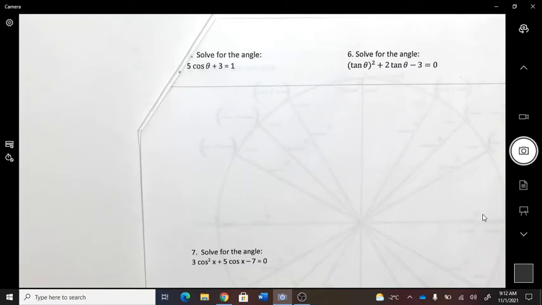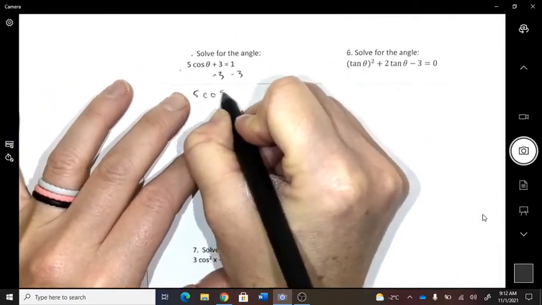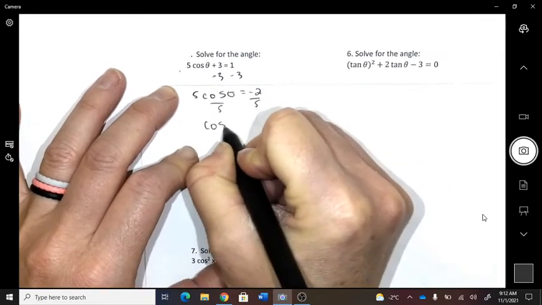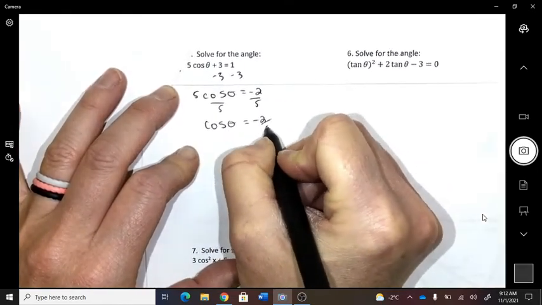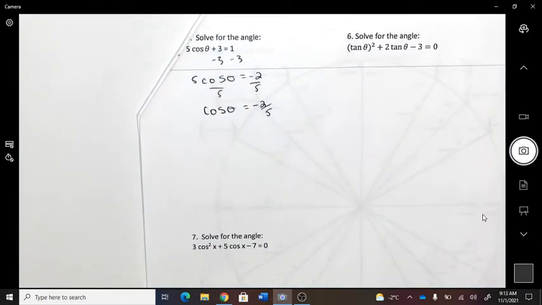Move some stuff around. Okay, so I got cos of the angle is going to be negative 2/5.